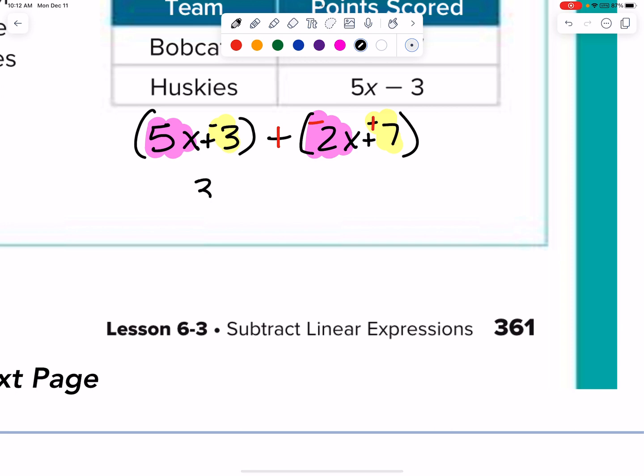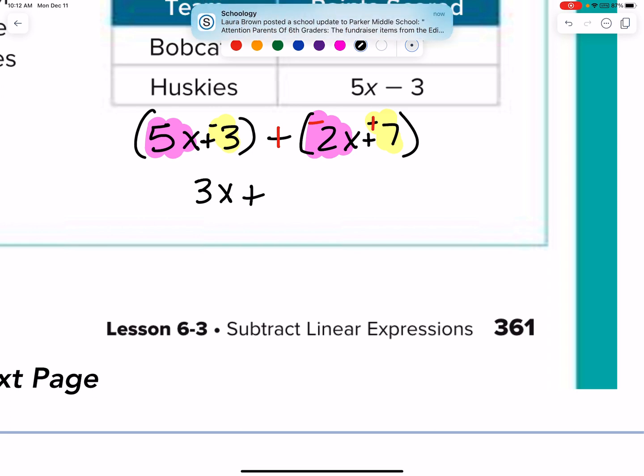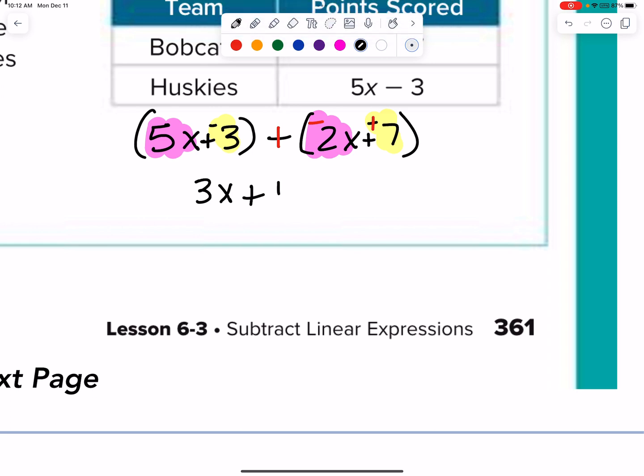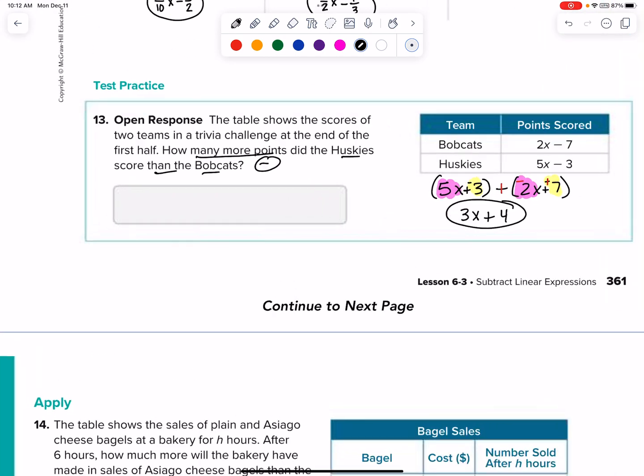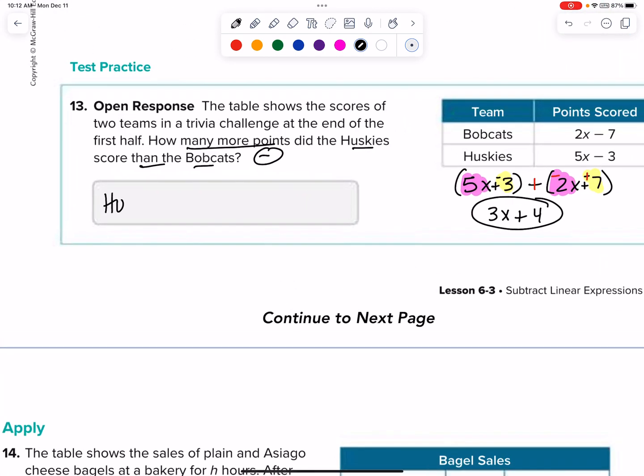We have a 3x because of 5x and negative 2x, plus different sign subtract, 7 minus 3, 6, 5, 4, and there we go. So how many more points did the Huskies score than the Bobcats? Huskies scored, and this is the answer, 3x plus 4 more points.